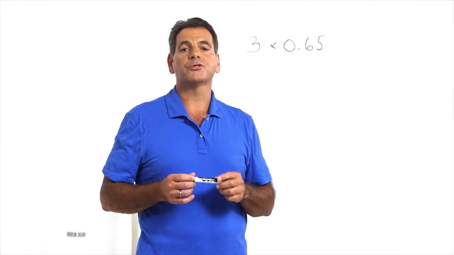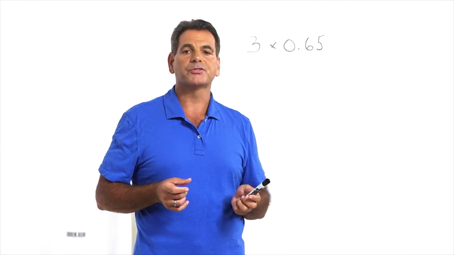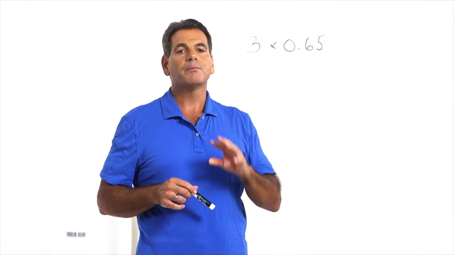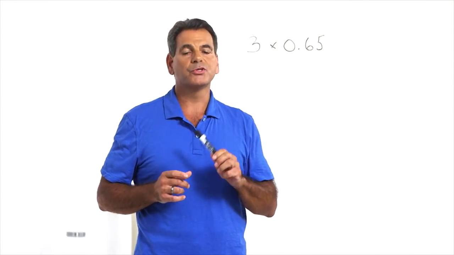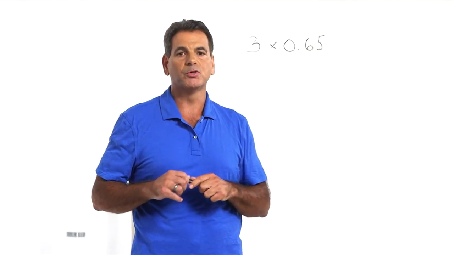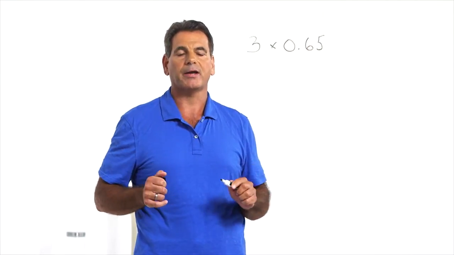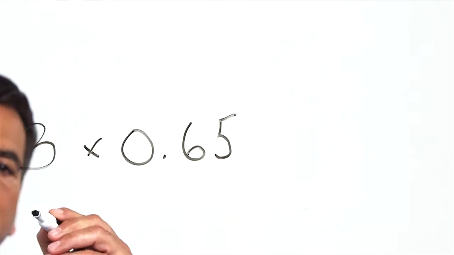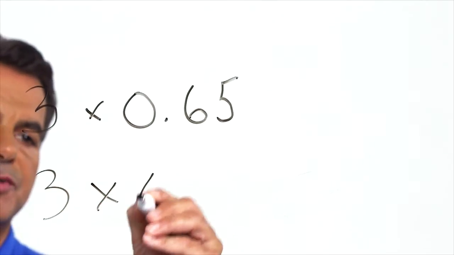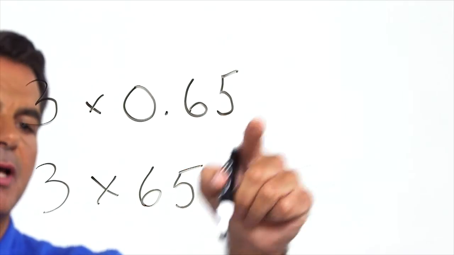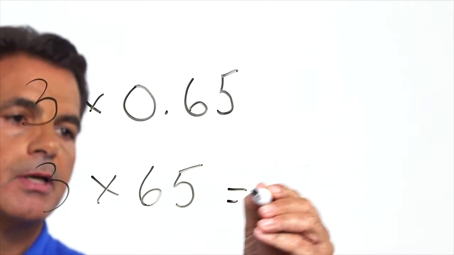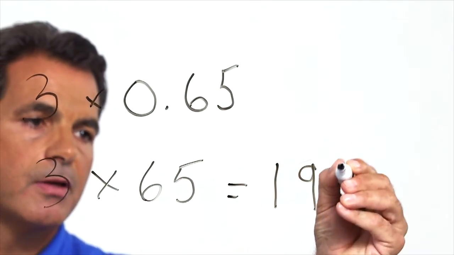Also, 3 times 0.65 can be converted to 3 times 65 by multiplying 0.65 by 10 twice. Students already know that this results in moving the decimal point 2 digits to the right. So this becomes 3 times 65, because we multiplied by 10 twice. The product of this is 195.